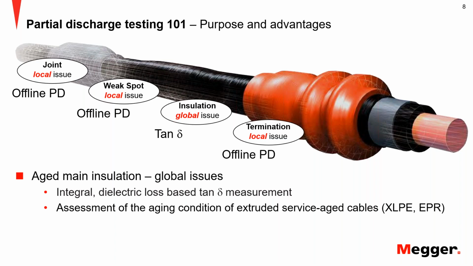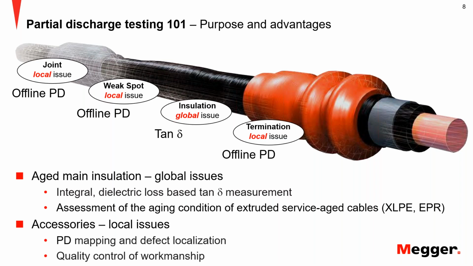It's like the average over the entire insulation, by the way, including the accessories as well, because they have leakage and losses as well. And then for the local issues, you would do a PD test, and that PD test is able to localize the defects. Very important. The tan delta cannot localize the issues you would find, but the PD test will be able to localize the joint issues, the termination issues, and isolated weak spots.